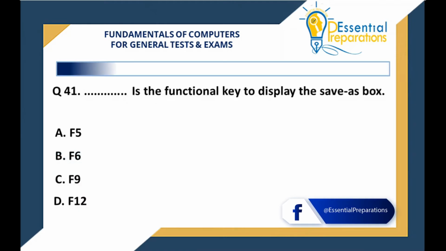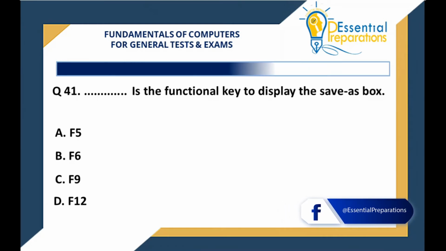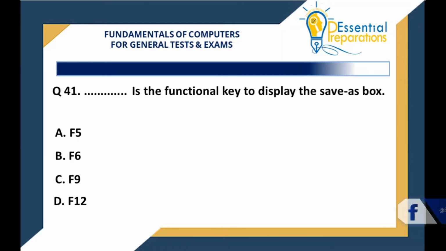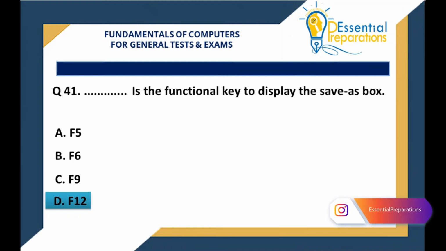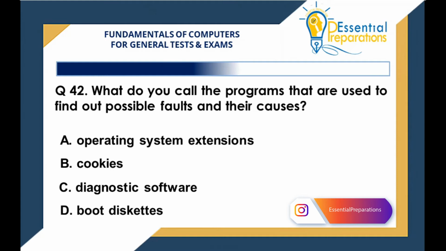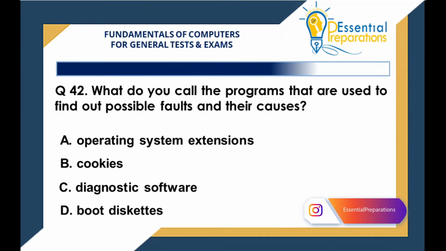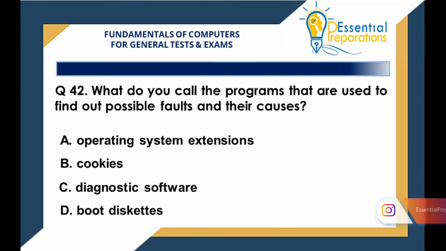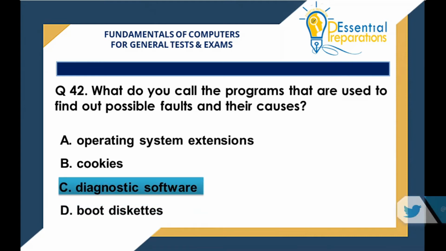Is the functional key to display save as box? D. F12. What do you call the programs that are used to find out possible faults and their causes? C. Diagnostic software.